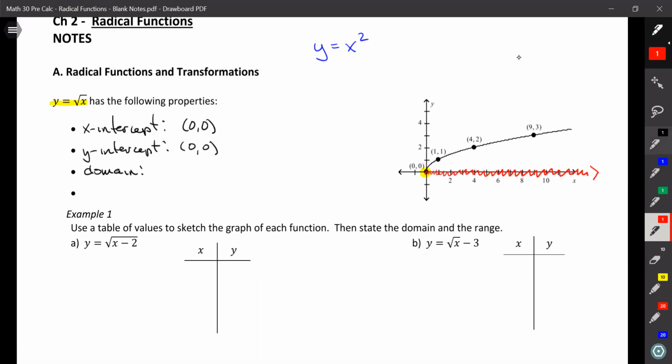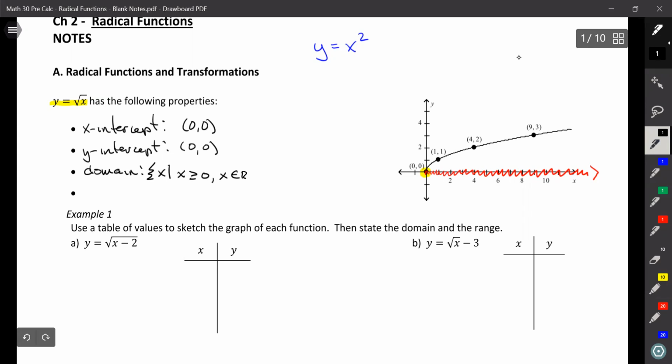So we would say the domain is x such that x is greater than or equal to 0, x element of the reals, or, which is nicer to write, the interval [0, ∞). That's saying it starts at and can equal 0 and goes to positive infinity.